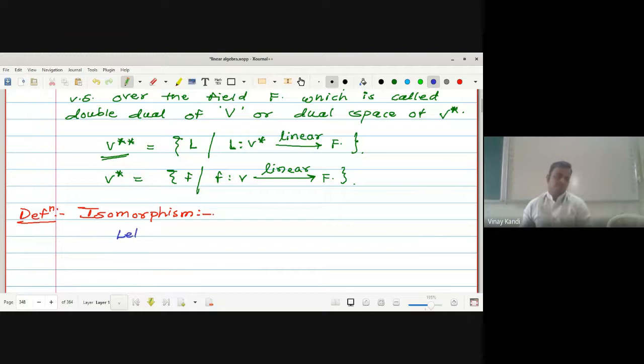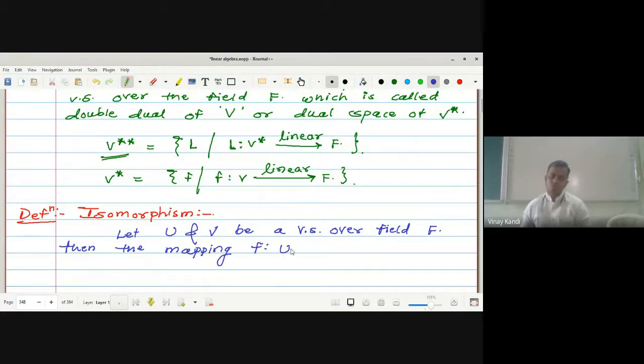Okay, so the definition of isomorphism. Let capital U and capital V be vector spaces over the same field capital F. Then the mapping f from U onto V, okay, instead of writing onto, f from U to V, right?